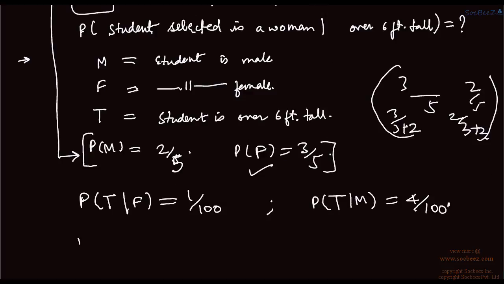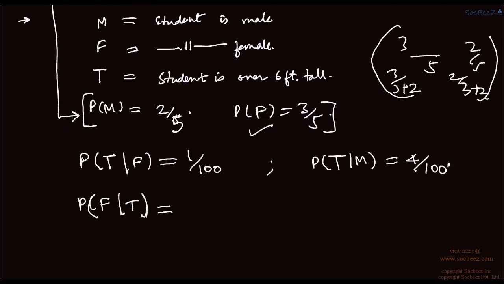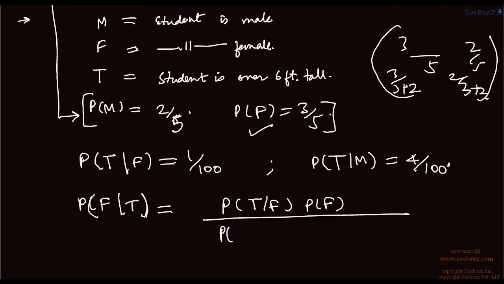Now we have to calculate the probability that the student selected is a woman, that is F, given 6 feet tall, that is T. From Bayes' theorem, this is P of T given F times P of F, upon the summation: P of T given F into P of F plus P of T given M into P of M. This is equivalent to P of T.